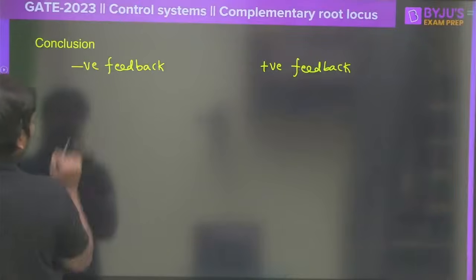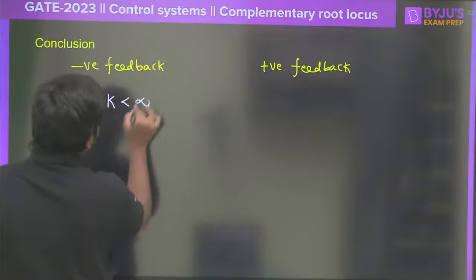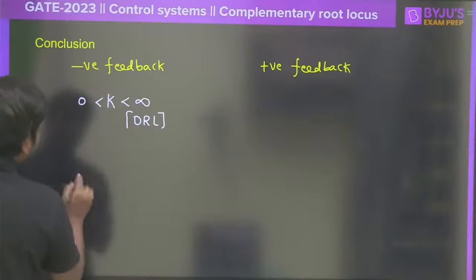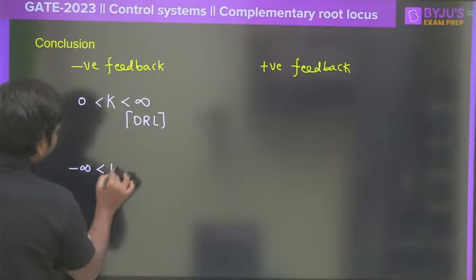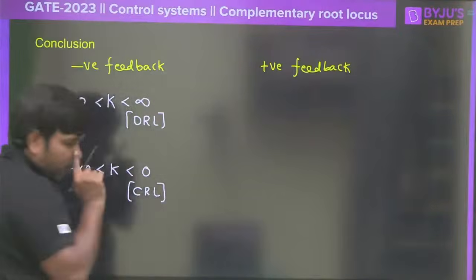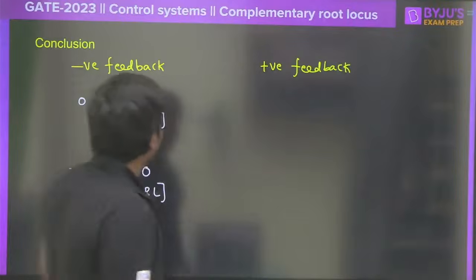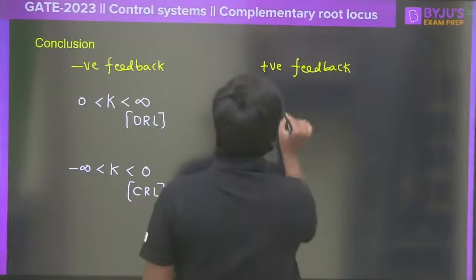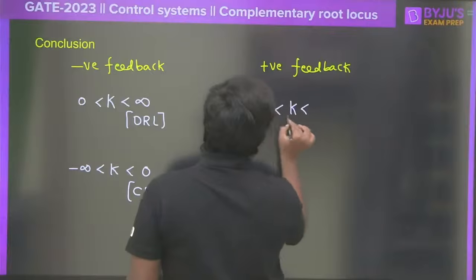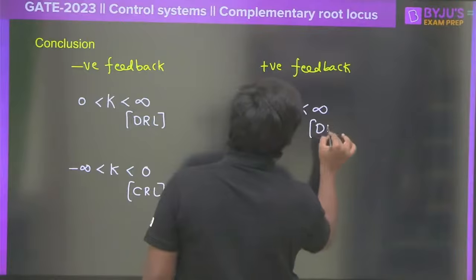In negative feedback, when the value of k is varying from 0 to infinity, we call this a direct root locus. Clear? And in the same negative feedback, if the value of k is varying from 0 to minus infinity, then we call that a complementary root locus, provided that we are only playing with one variable, which is k. Now on this side, positive feedback: when the value of k is varying from 0 to infinity, again this is considered a direct root locus in the positive feedback.